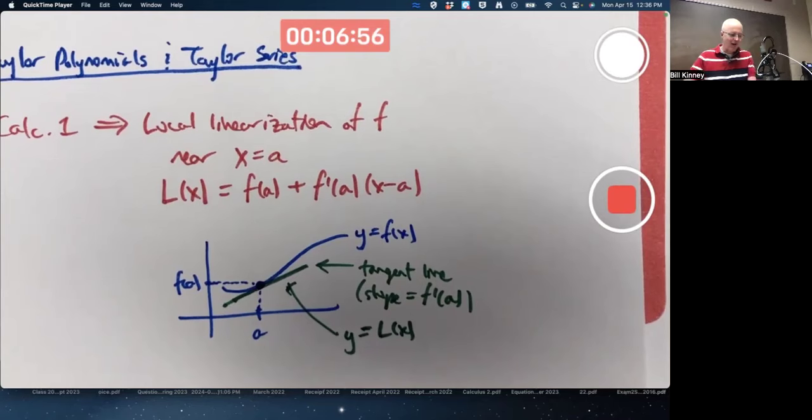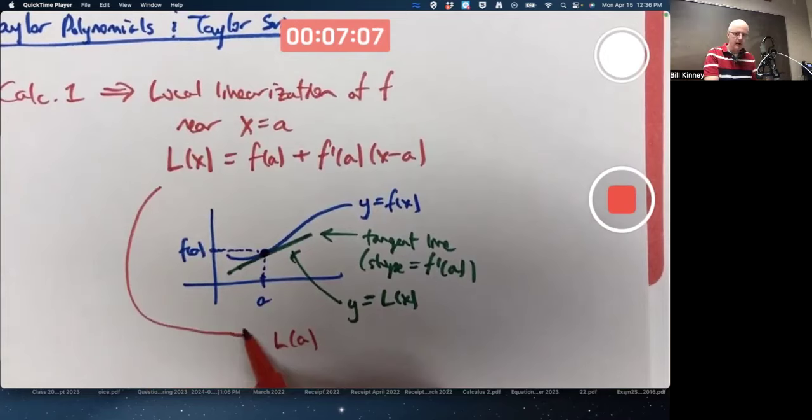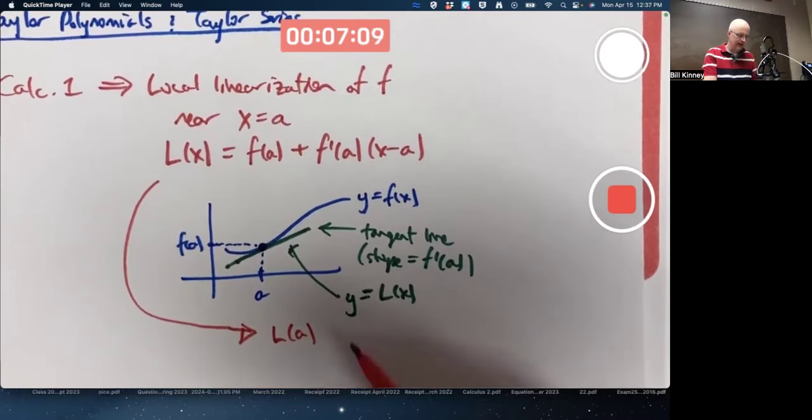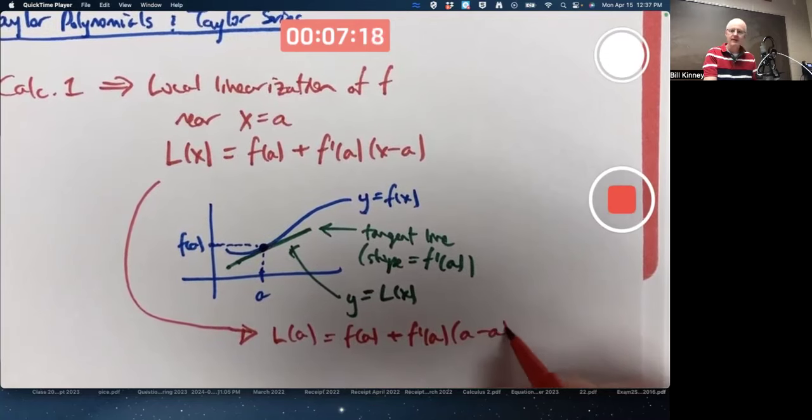Why is that the graph of L of x? First of all, it's got the right value when x equals a. L of a, if you use this formula, is f of a plus f prime of a times a minus a.